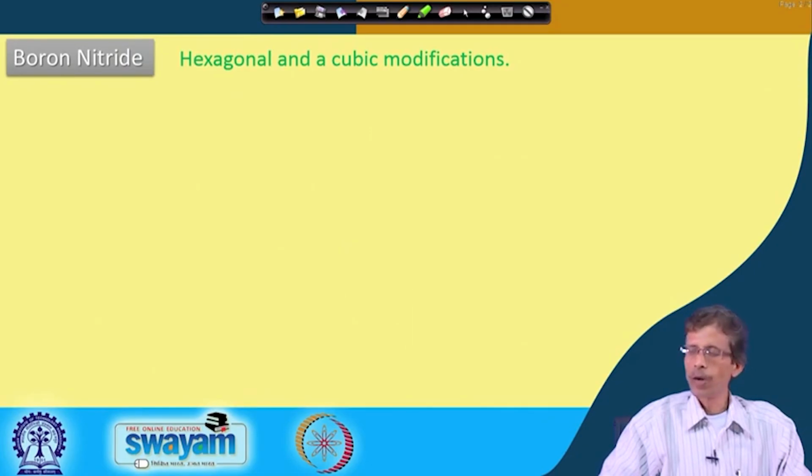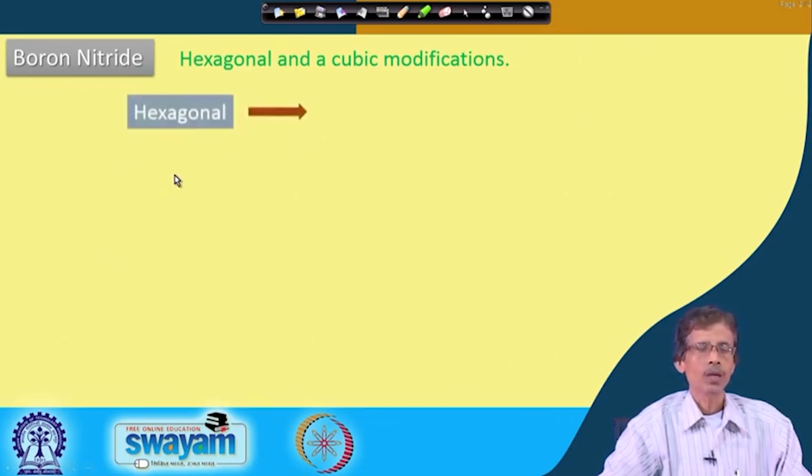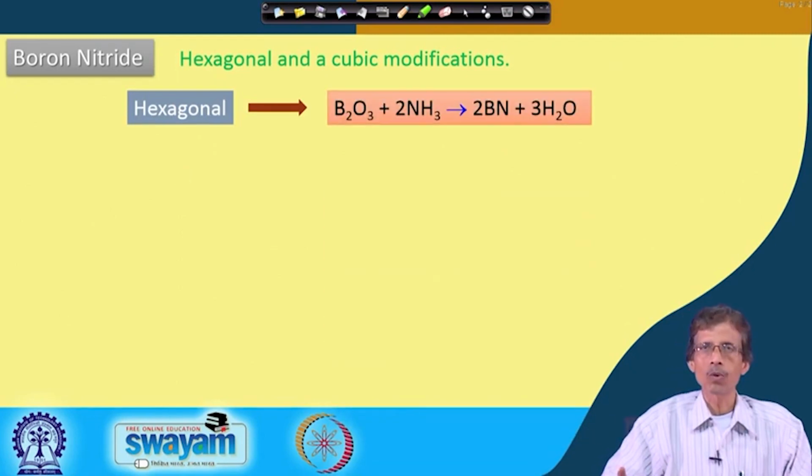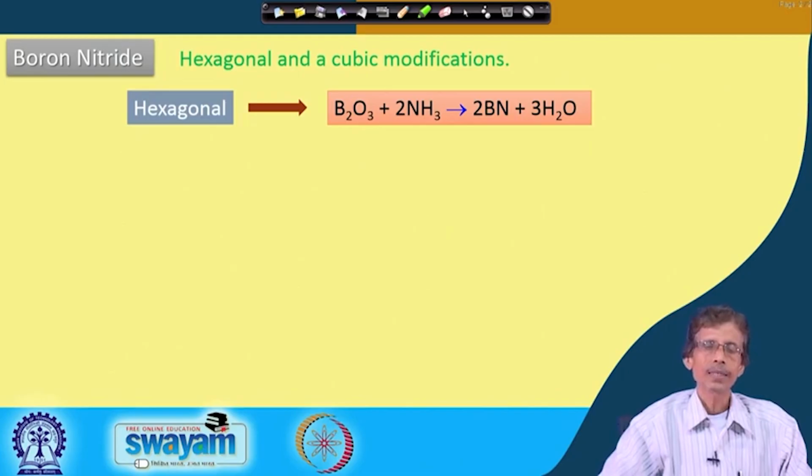So, we have two modifications for your boron nitride material, the hexagonal modification and the cubic modification. The hexagonal variety we can obtain through a reaction. Again, as we already know from silicon nitride, boron nitride will quickly go to either of the same types simply by reaction with ammonia.